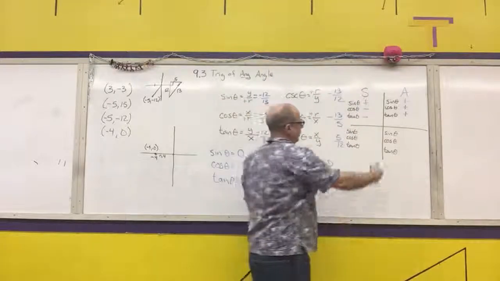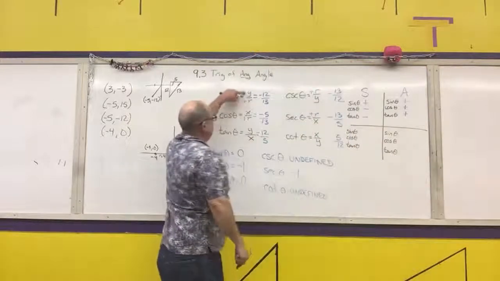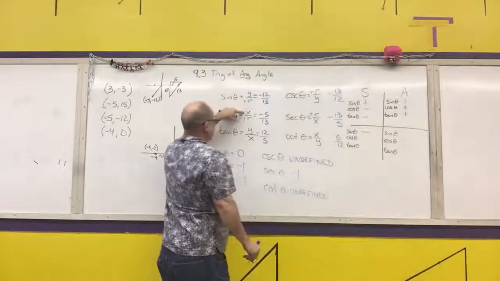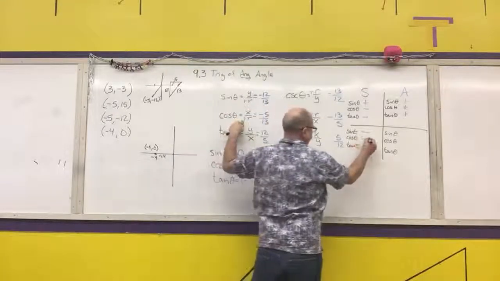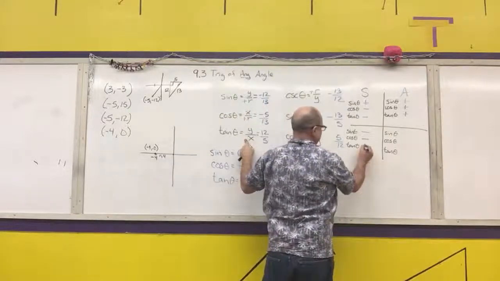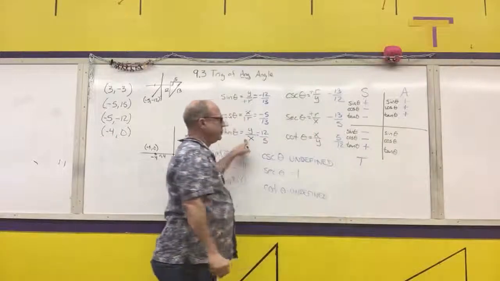In quadrant 3, both x's are negative and y's are negative. So I get a negative over a positive, which is a negative. A negative over a positive, which is a negative. And a negative over a negative, which is a positive. In quadrant 3, tangent is positive.